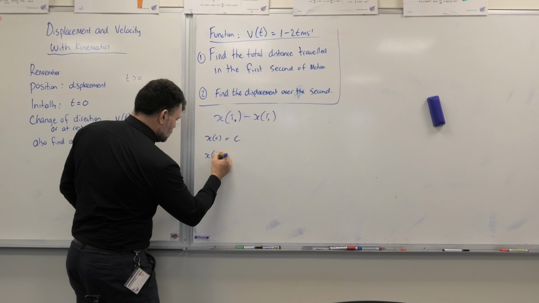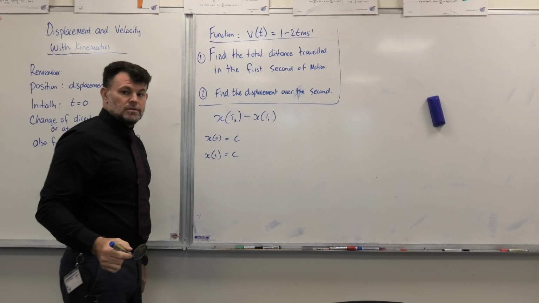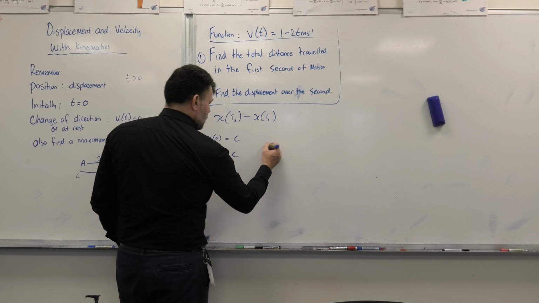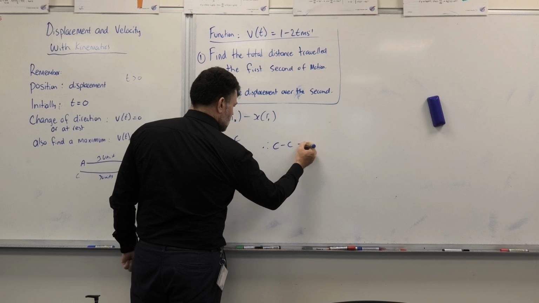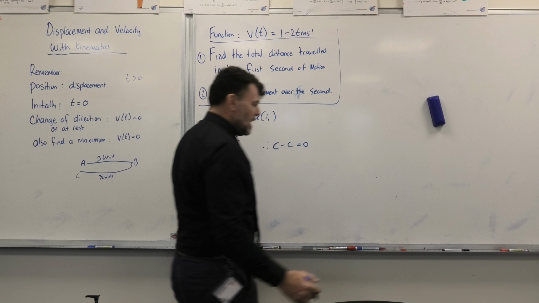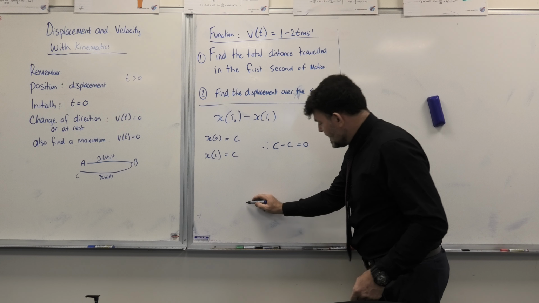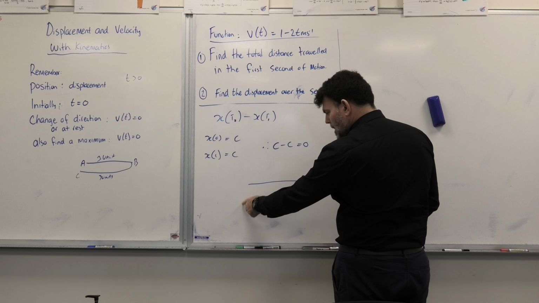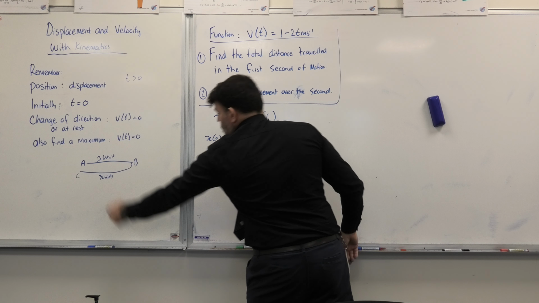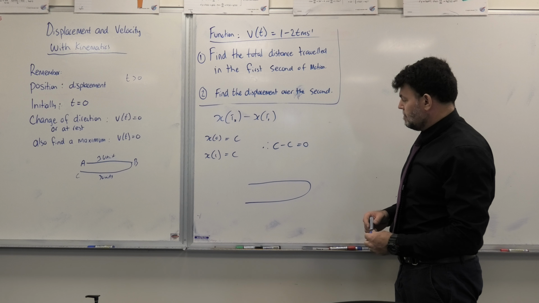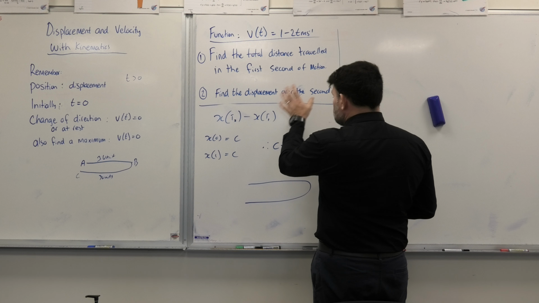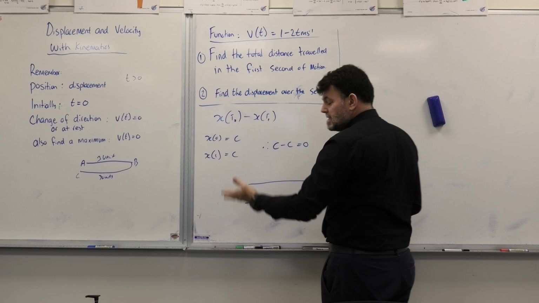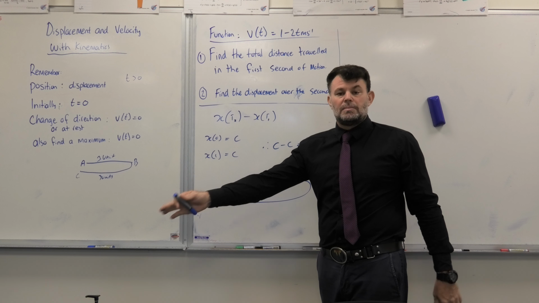And where we finished was after 1 second, which gave us c. So therefore, c minus c will give me 0. And that made sense, because remember when we had that motion diagram, we started here and we finished here. Exactly what we spoke about in that introduction video. So the total displacement over that second is, well, it hasn't been displaced at all. It's just come back to where it began.